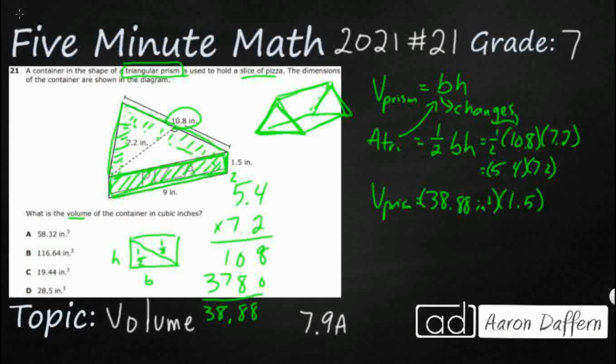So let's just do that real quick. 38.88 times 1.5: 40, 44, another 44, 15, 19, and then I can just put 38.88 here, 12, 13, 18, 5, 8, 3, 20. But remember I've got 3 digits behind the decimal, so I need 3 digits behind the decimal: 58.32.